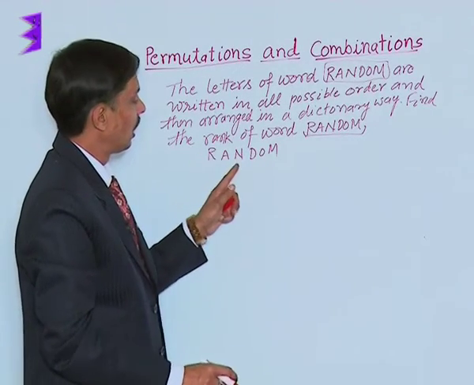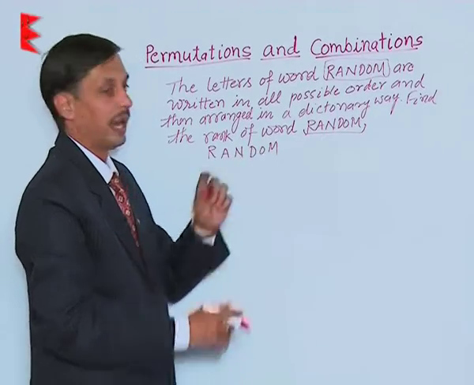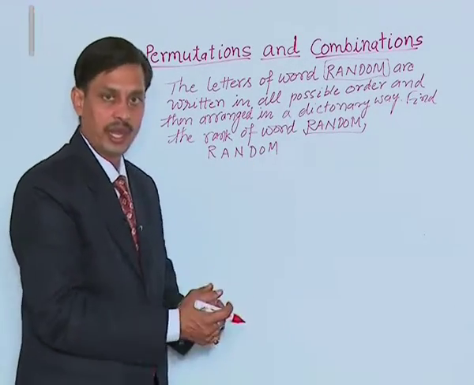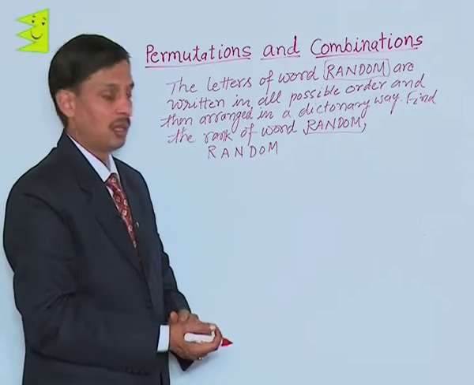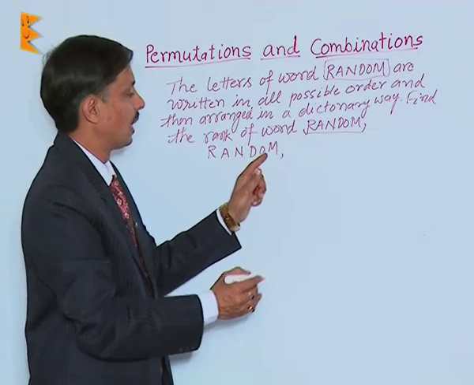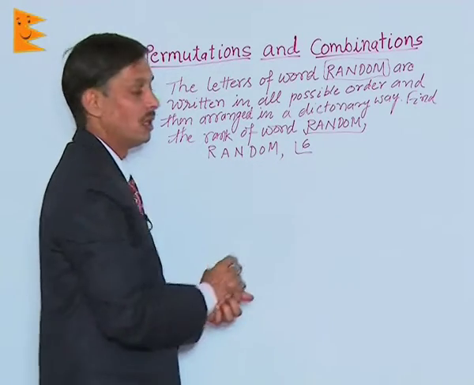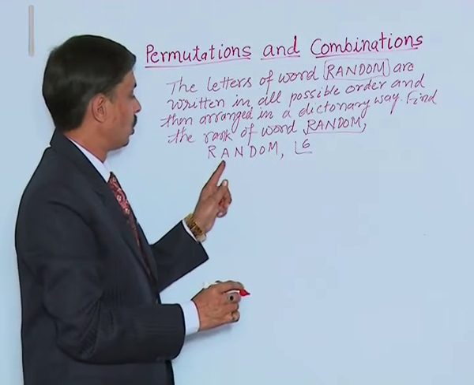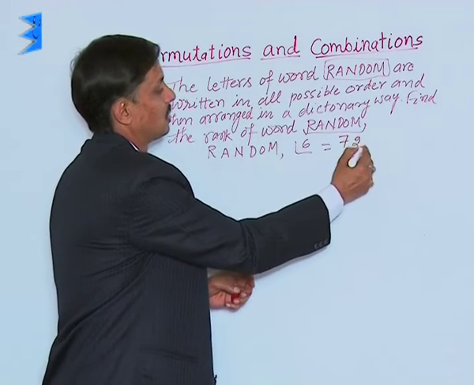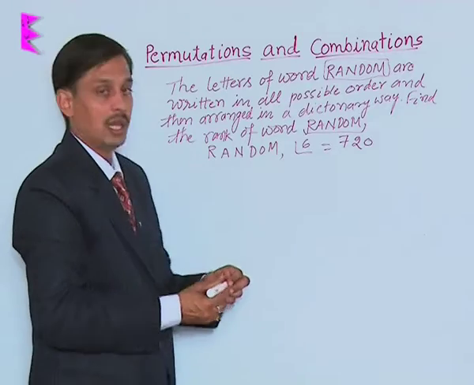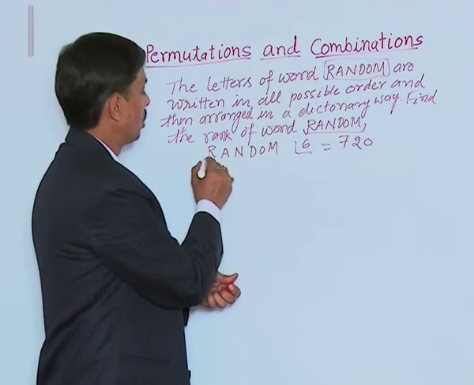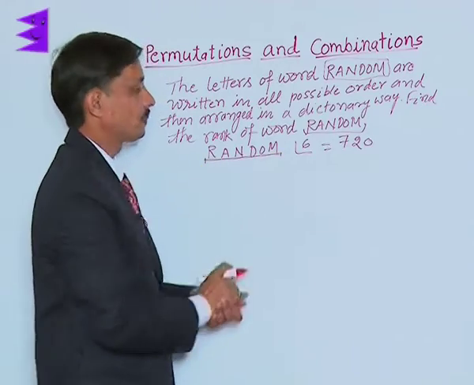R, A, N, D, O, and one more letter, M. So if we want to write all possible words, then the total number of letters is 1, 2, 3, 4, 5, 6, that is factorial 6, which is 720 words possible by using random.